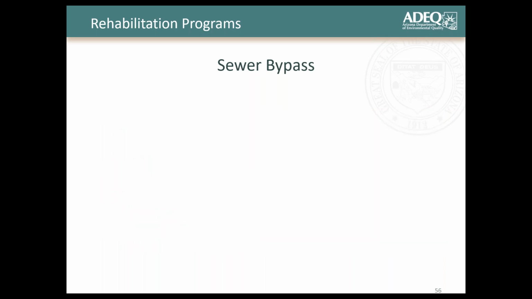When it comes to rehab programs, right? A lot of the rehab work, and this again is another example of rehab work, sometimes, depending on the agency, is either done by the agency themselves or subcontracted out, right? Some agencies don't have the construction teams to go out there and do a lot of the rehabilitation of their system themselves.